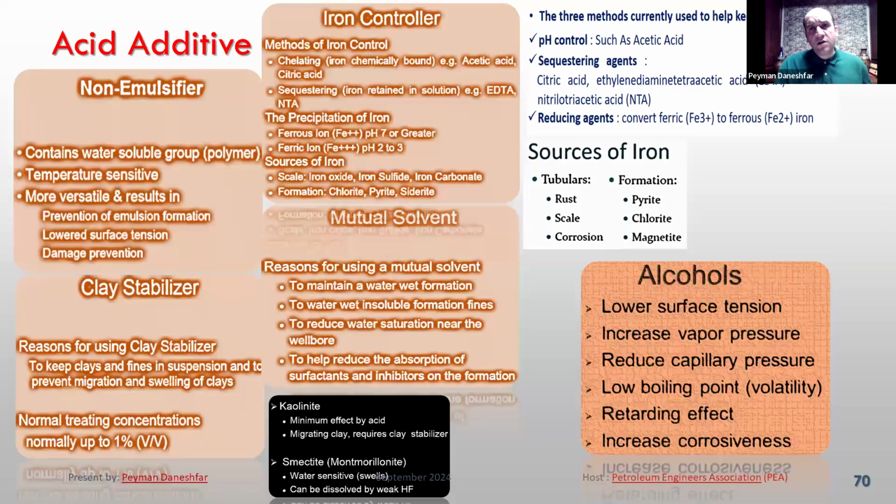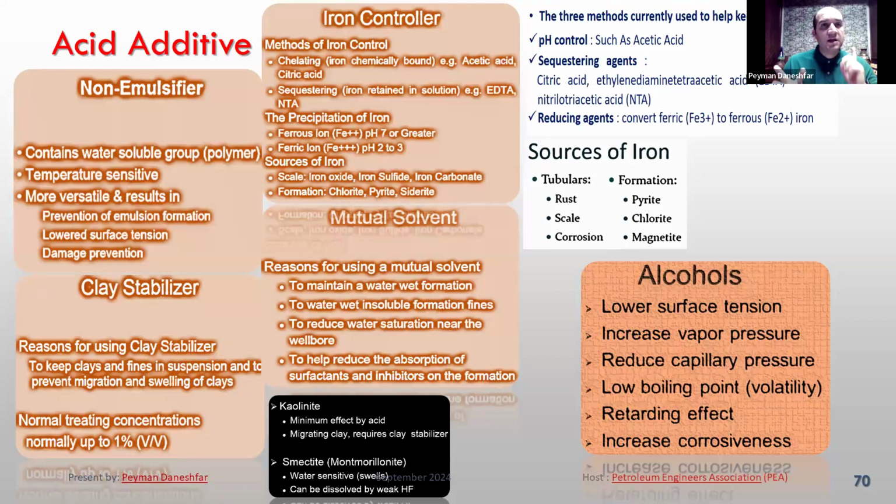And another one, non-emulsifier. When our acid wants to be an emulsifier, we use some non-emulsifier because we want to control the reaction rate of the acid, and the non-emulsifier is temperature sensitive. Another important additive is the iron controller.